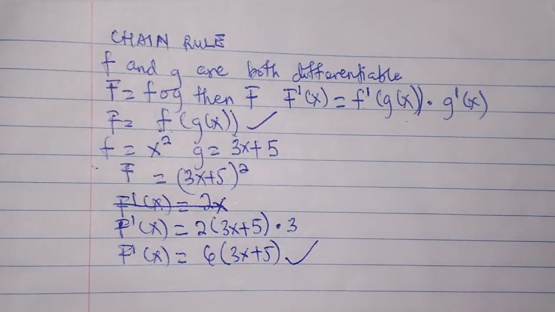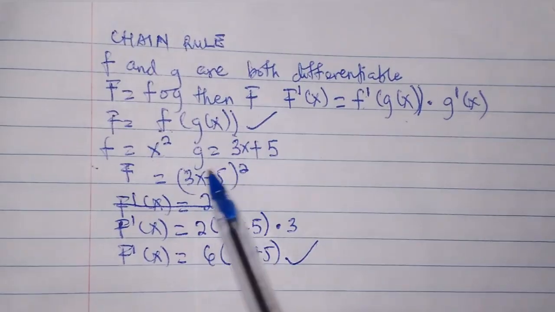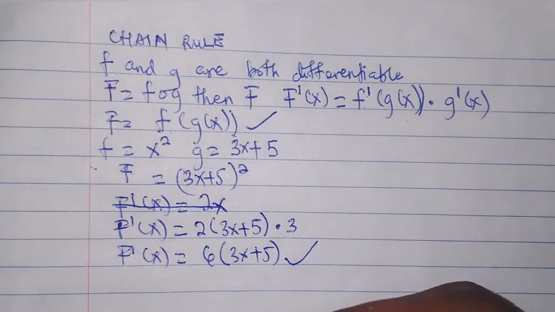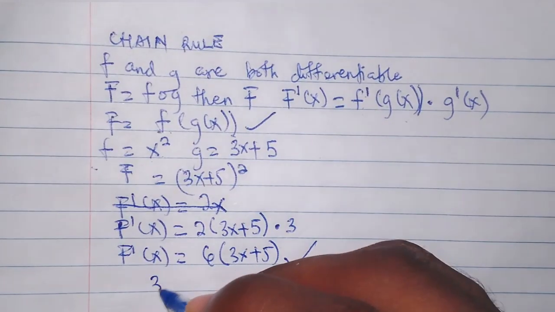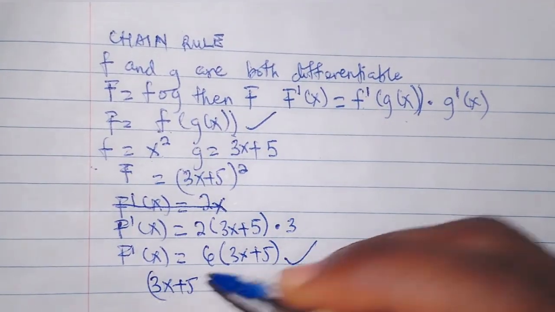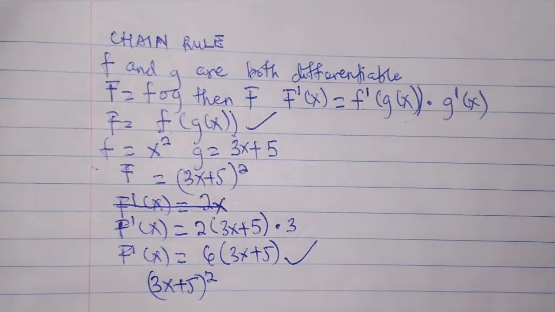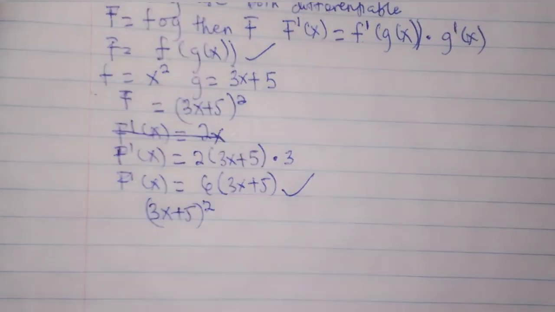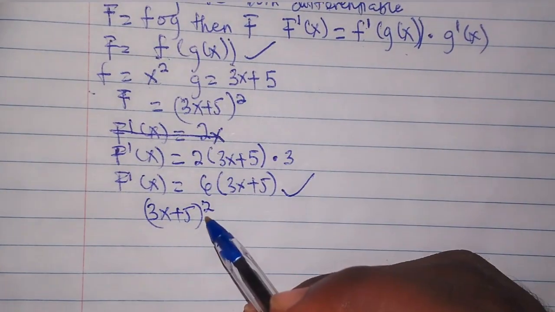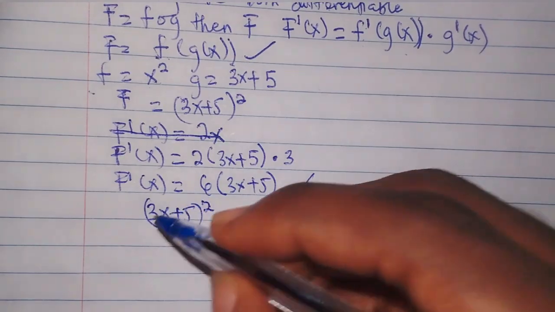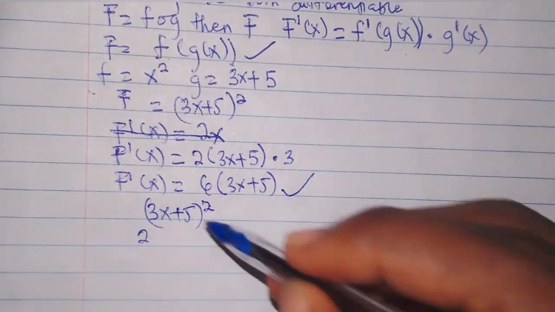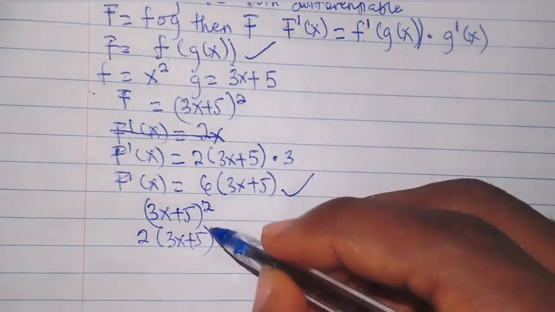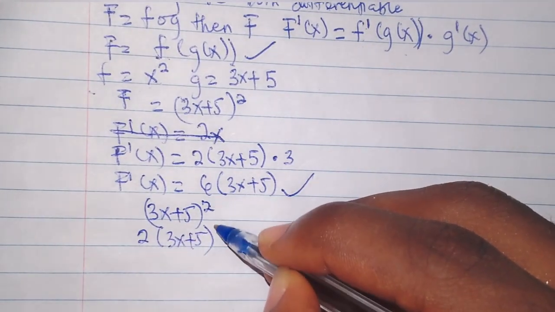Now someone might ask, how did I differentiate this very fast? Okay, let's look at something here. So we are looking for the derivative of 3x plus 5 to the power 2, right? Now you approach this as if you are doing the derivative of x squared. First put this number down, so the 2 comes here. Then you reduce the power, so 3x plus 5 to the power 1, right?